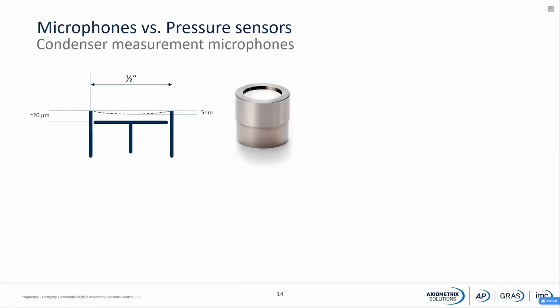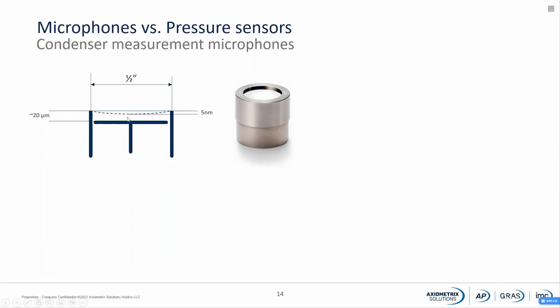Taking a look a little bit closer at a microphone. A microphone, as I said, has a backplate, a house and a membrane. And if you take a look at the membrane and the distance down to the backplate, it is roughly 20 micrometers. So it is not a very big distance here.